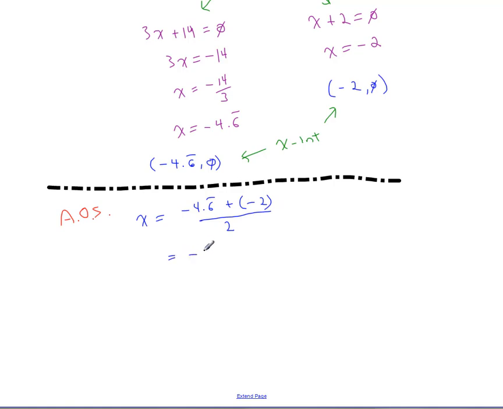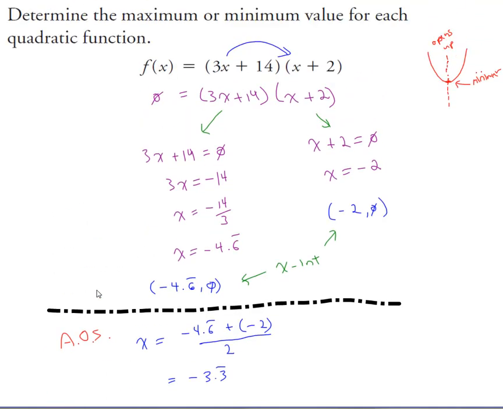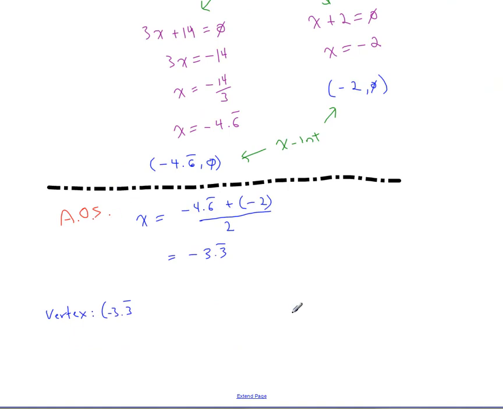I end up with negative 3.3 repeating. So that's going to be my x-coordinate and my axis of symmetry. If I actually write down here, what's my vertex, right? I know it's going to be negative 3.3 repeating.